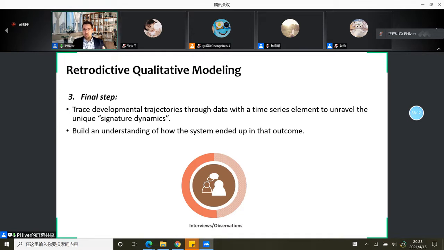And this resulted in a huge data set, of course, and there was an important time series to it. Where had they come from? And how had they gotten to where they were? So this step allowed me to understand how teachers could end up in one of these prominent outcomes of teacher immunity.